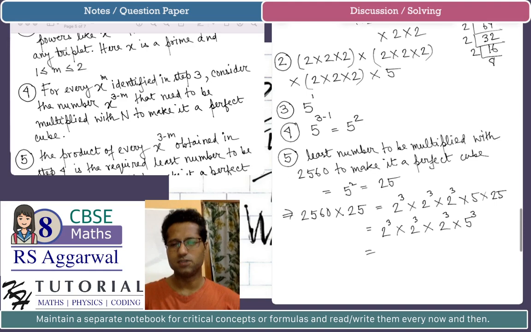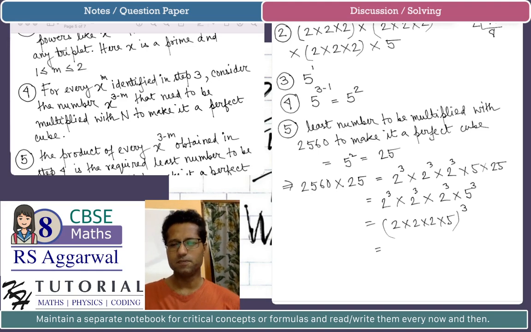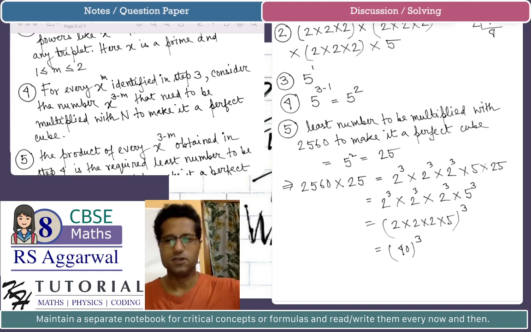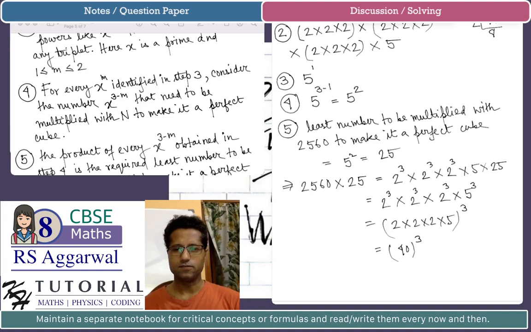From the laws of exponents, this is equal to 2 multiplied by 2 multiplied by 2 multiplied by 5, this whole raised to the power 3. That becomes 10, 20 and 40. So this is 40 cube.